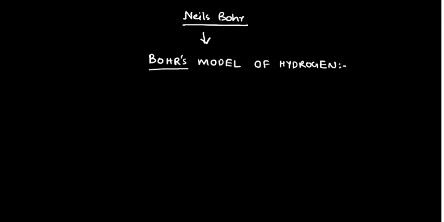So some postulates or points were specified by Bohr which overcame those drawbacks or those problems. And Bohr has also extended the idea of energy quantization, right? Now, what is energy quantization, or what is the concept of quantization, that we are going to see. Now, let us proceed with the important postulates which is given by Bohr.